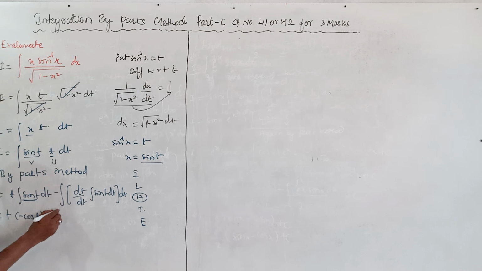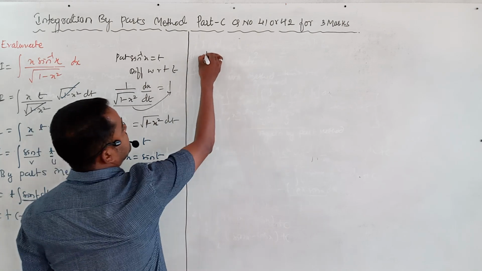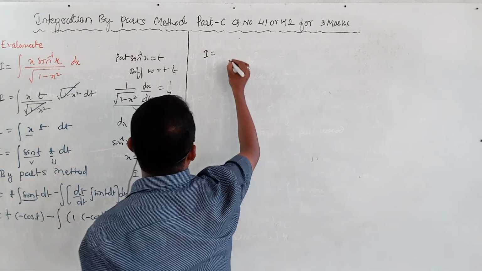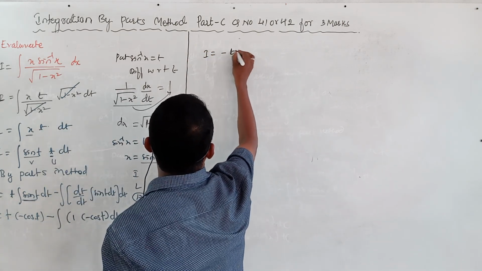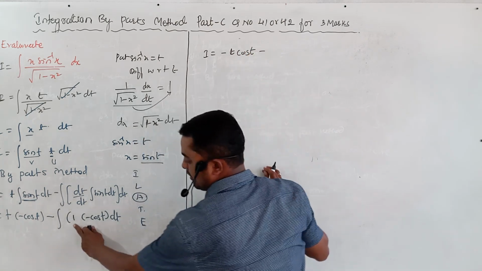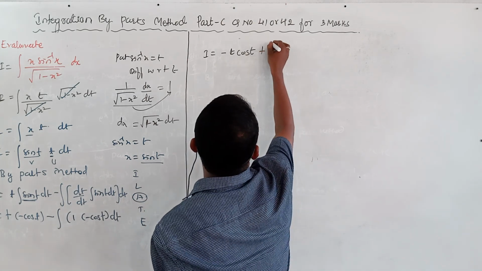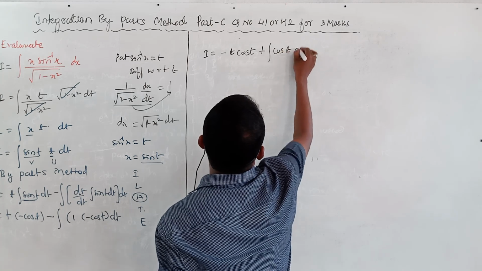Then minus integration, derivative of t with respect to t is 1, integration of sin is minus cos t, dt. Then I is equal to, take minus sign outside, minus t cos t, minus into minus is plus, integration of cos t dt.